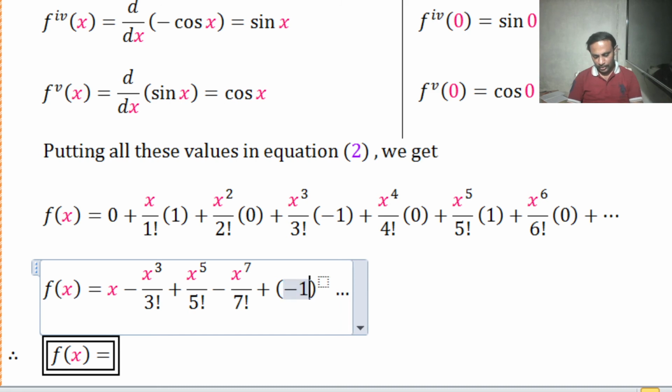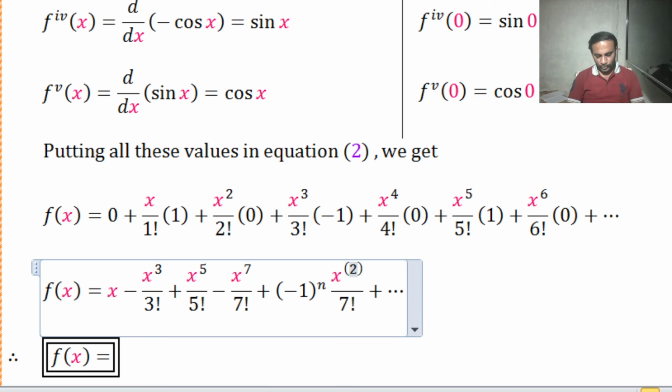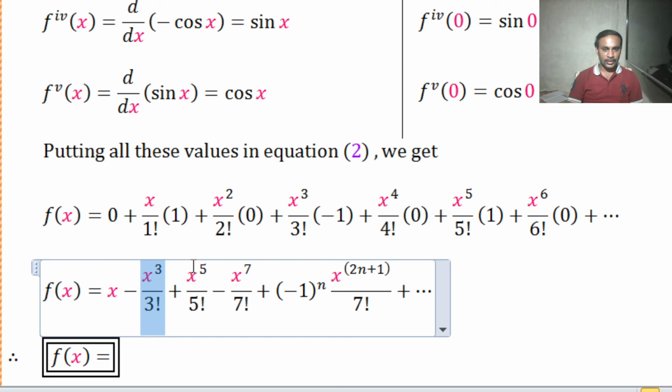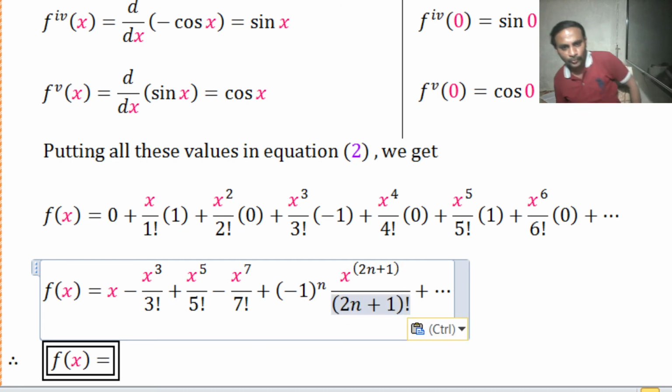minus 1 raised to n, and using this we can write the nth term as x raised to 2n plus 1, because if we observe all these powers of x, they are all odd, and we can write an odd number as 2n plus 1, and in the denominator we take the factorial of 2n plus 1.